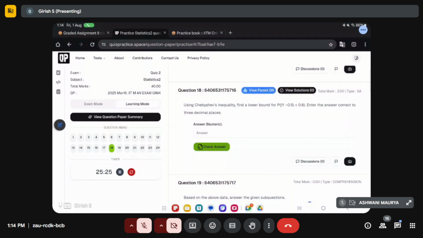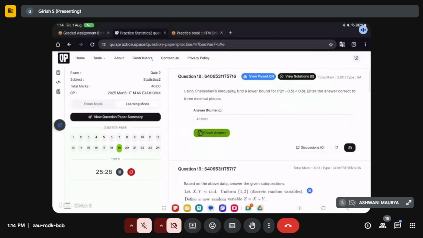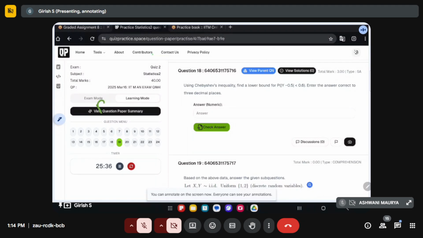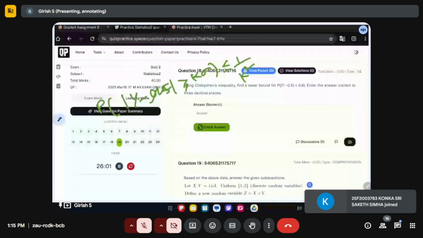So using Chebyshev inequality, we have to get the answer. Do you remember what Chebyshev inequality says? Probability of x minus mu greater than or equal to k sigma is less than or equal to 1 by k square, right?